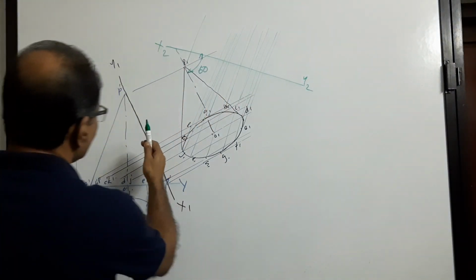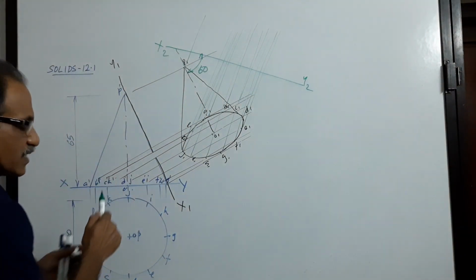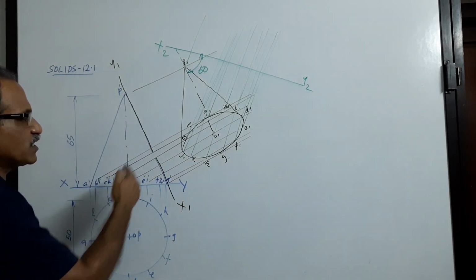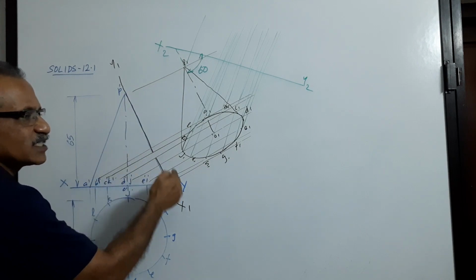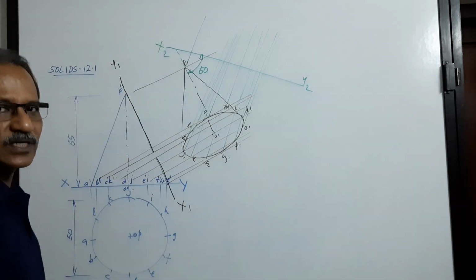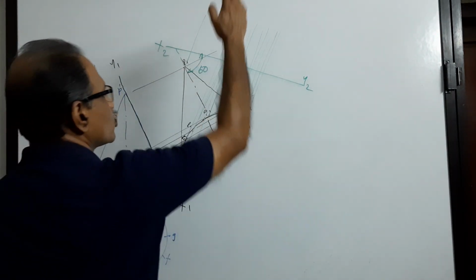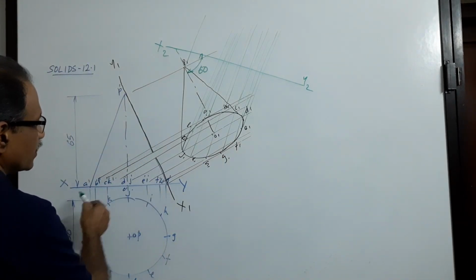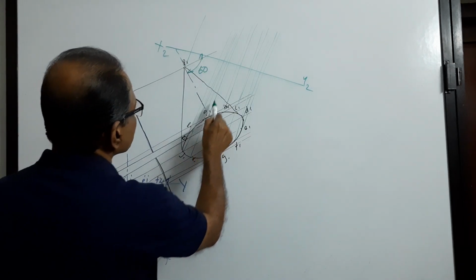The distance of these elevation points from the previous xy. That is the distance of the previous elevation from the previous xy. Which is the previous elevation? This is the previous elevation. Which is the previous xy? x1 y1 is the previous xy. So take these distances and mark on those projectors. A dash is this far away from x1 y1. Take that distance and mark on the projector through A1.